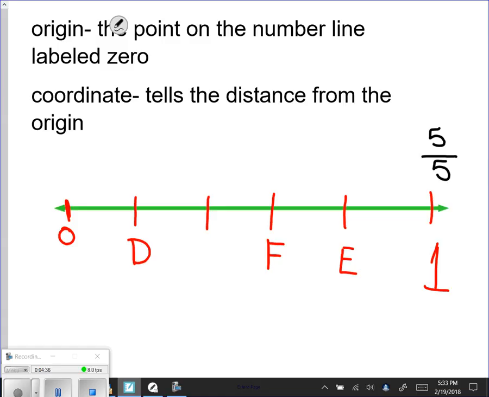So this first line is 1/5, 2/5, 3/5, 4/5. So if you put that D was on 1/5, very good. F was 3/5, E is 4/5. If you didn't get that, that's okay. That was kind of difficult. Okay?